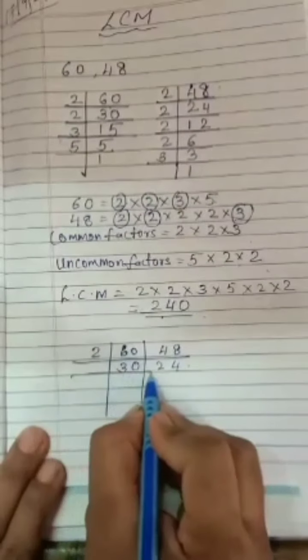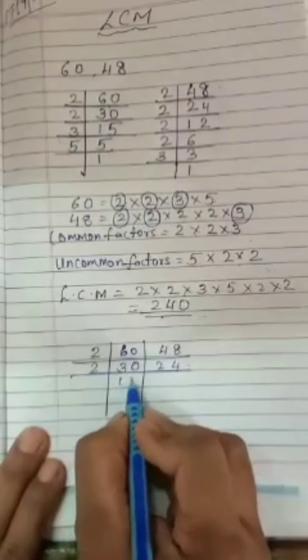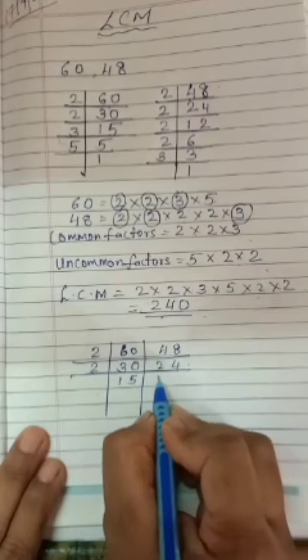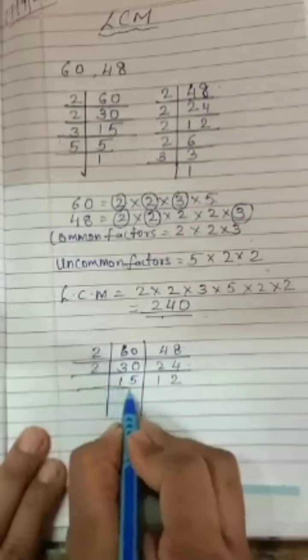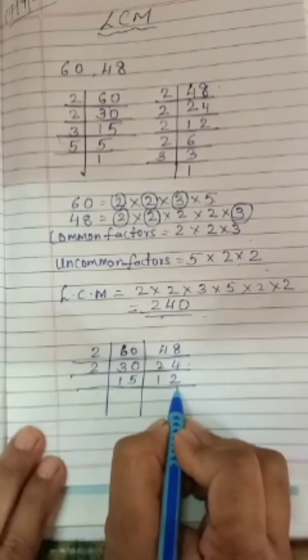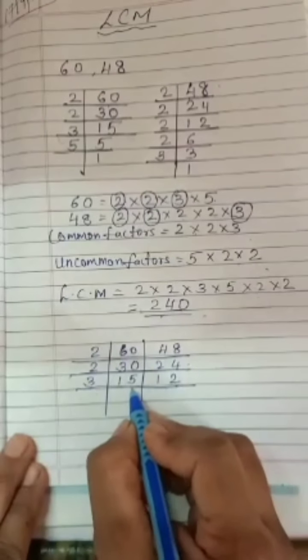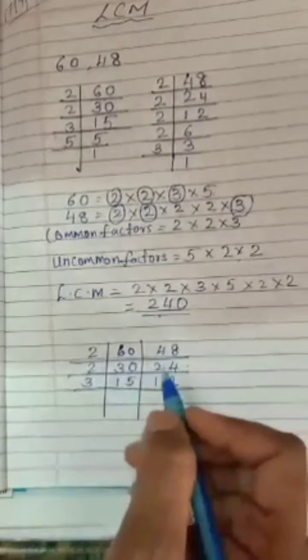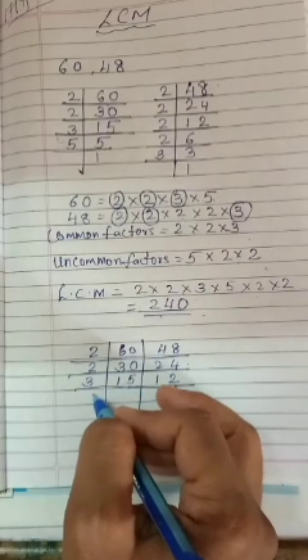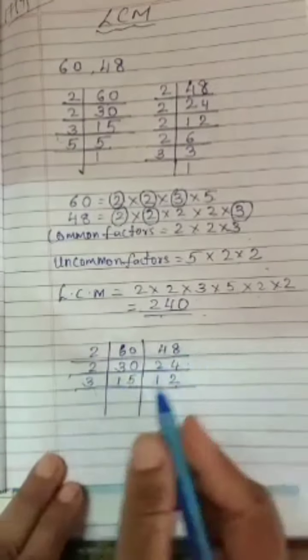Again you can take 2, 2 1s are 2, 2 5s are 10, 2 1s are 2, 2 2s are 4. Then 15 and 12 can be divided by 3, because this 15 cannot be divisible by the table of 2, so we have to take 3.